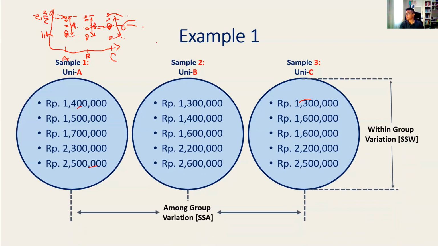Here we have the initial inference that in example 1, the mean difference is null, or the mean values of university A, B, and C are similar. We can see that the tendency is there.